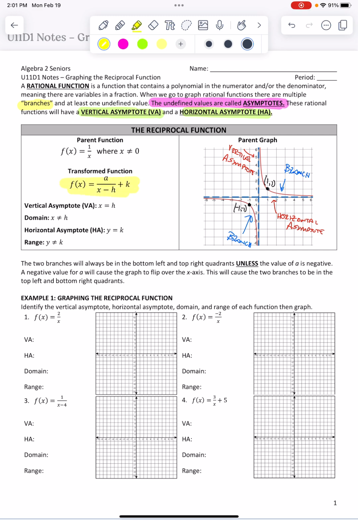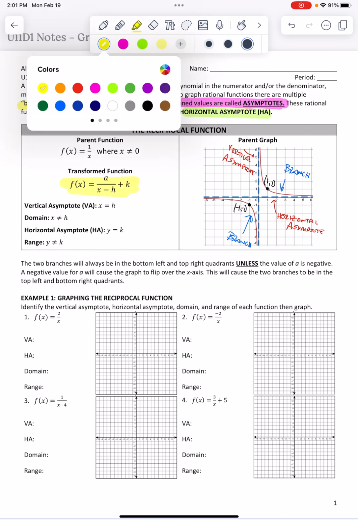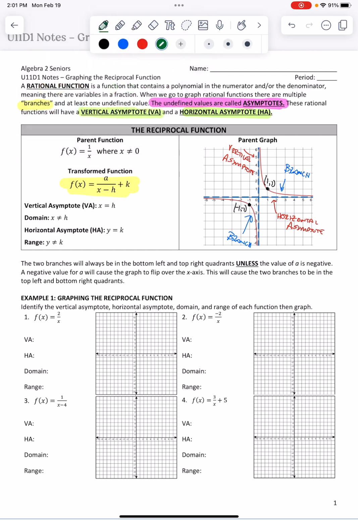So f of x equals a over x minus h plus k, which we have seen a, h, and k a bunch this year, right? So in this, h moves things left and right. K moves things up and down. And then a stretches, shrinks, reflects, okay?